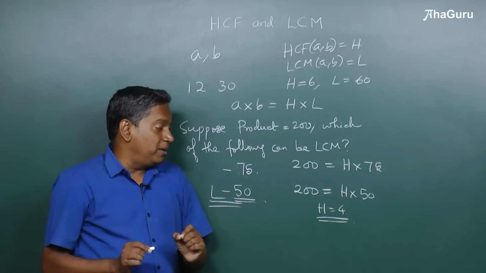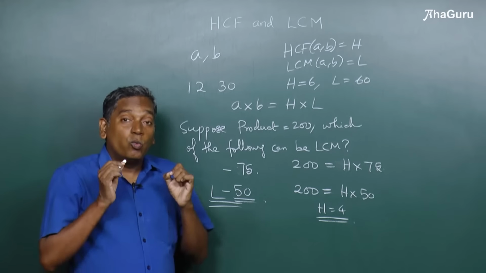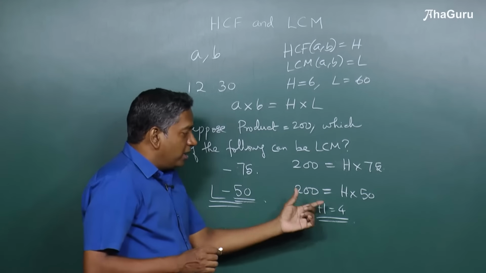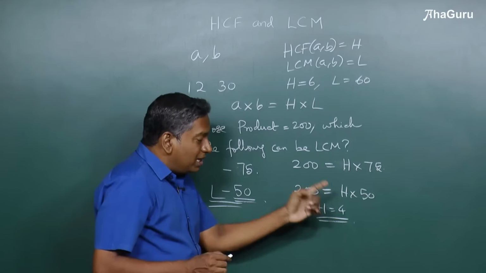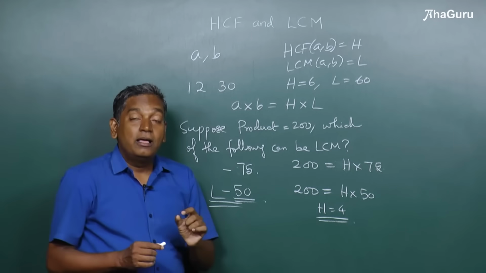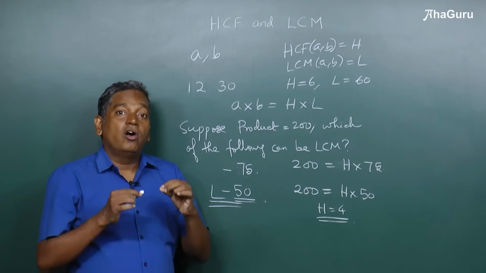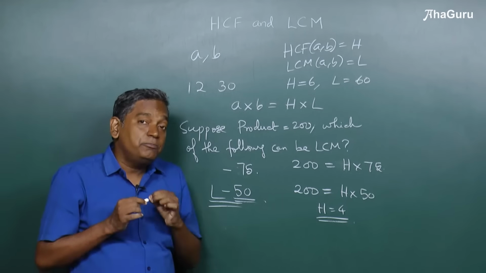But there is a problem. This is wrong. Why is this wrong? Because doing this only accounts for this formula, but there is an extra property that you have to be aware of for HCF and LCM. And what is that property?